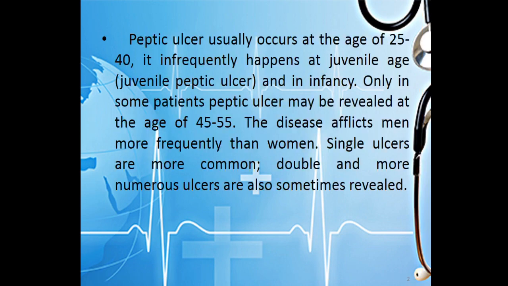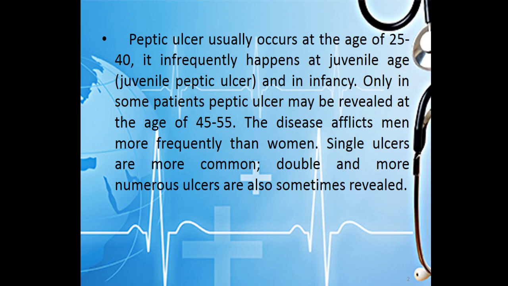Why? Peptic ulcer usually occurs at the age of 25-40 years, so a young population. Maybe most of it is an early population disease, like juvenile ulcers, infancy. After 45-55 years, ulcer disease is rare and not classic.